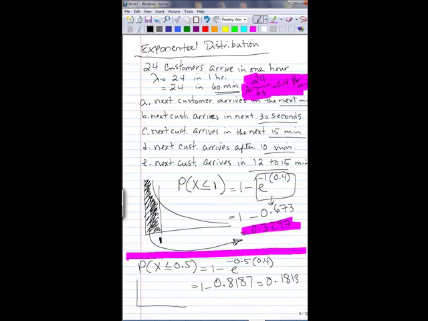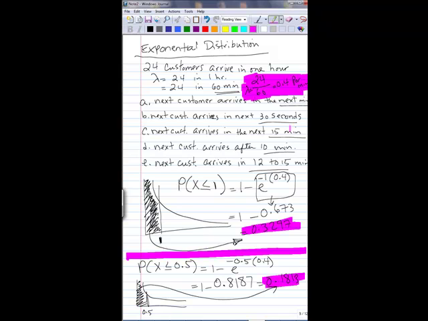So the probability that the wait time, or I'm sorry, arrival time will be less than half a minute or 30 seconds is right here. So that's the final answer to this part.